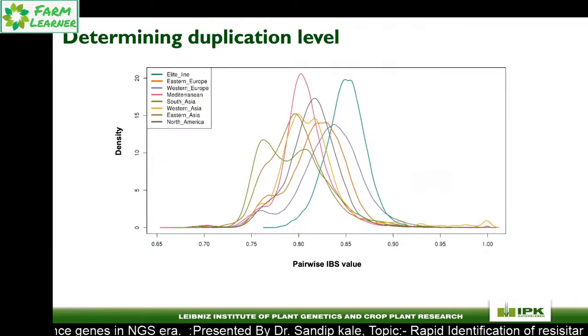And one of the methods used for identifying the duplicates is calculation of this IBS. It's the identity by state matrix, which shows how these samples are related to each other. And the higher the value, the more related the samples are to each other.